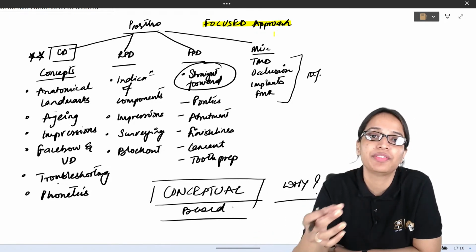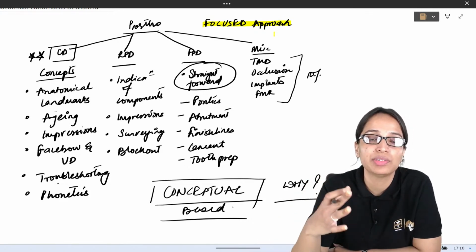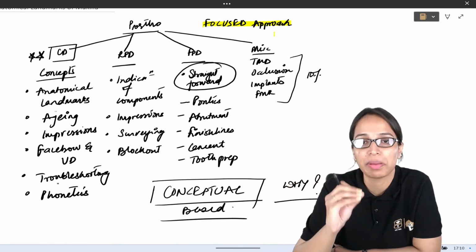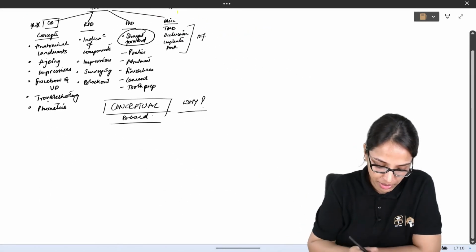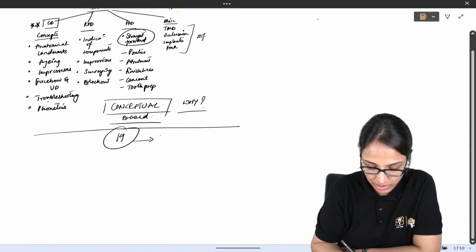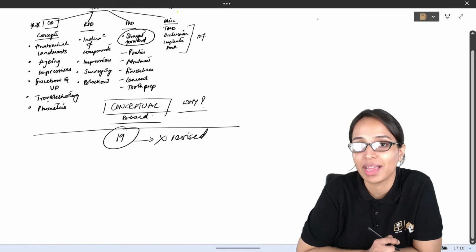The reason is that if you have a core concept around a topic, then it becomes easy to remember, or rather it is engraved in your memory. You don't need to memorize it. The main important reason for doing so is what? Because at the end of the day, you have 19 subjects which just cannot be revised last day before the exam.